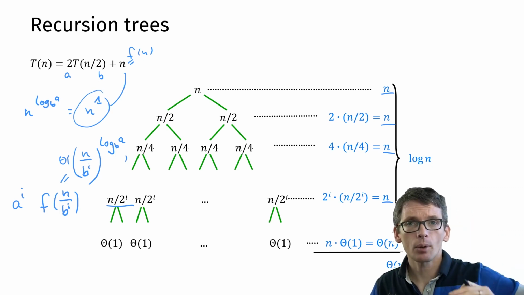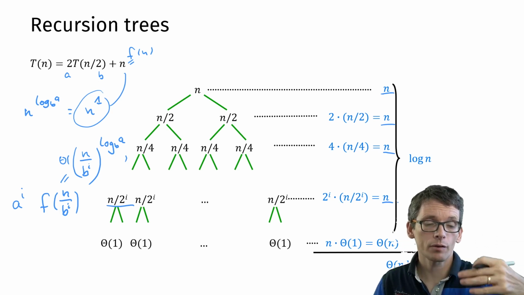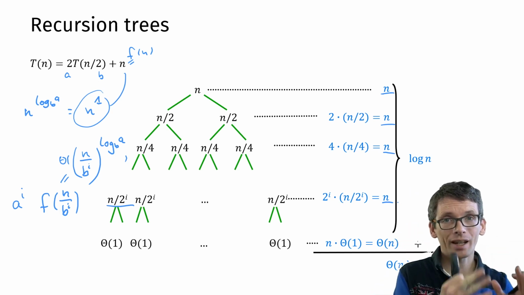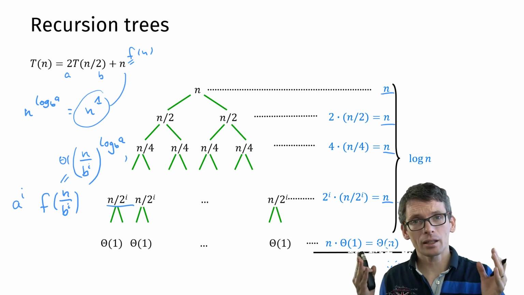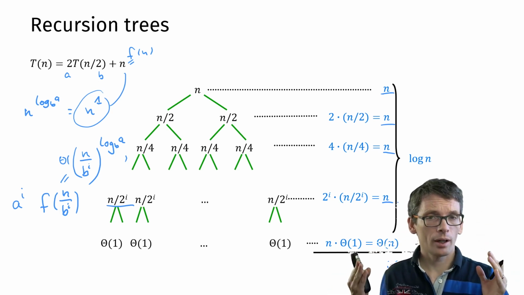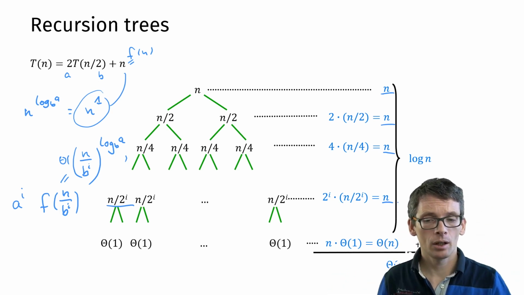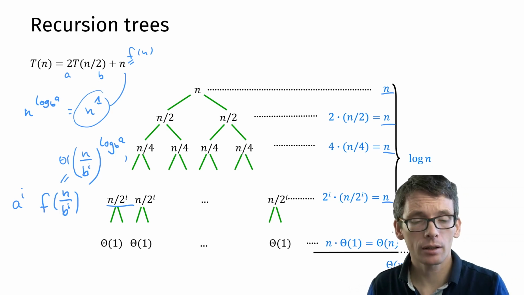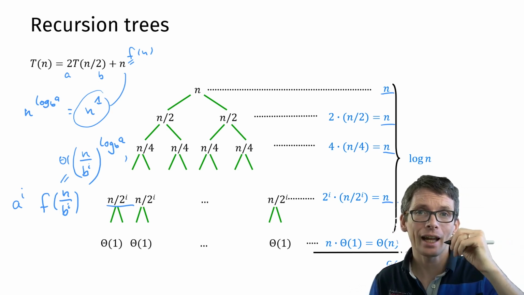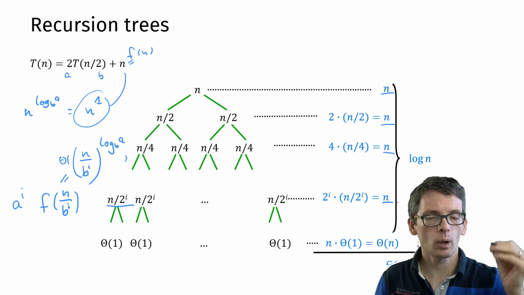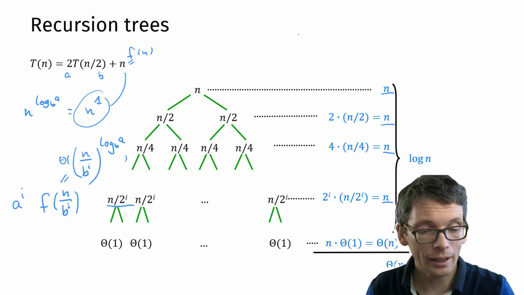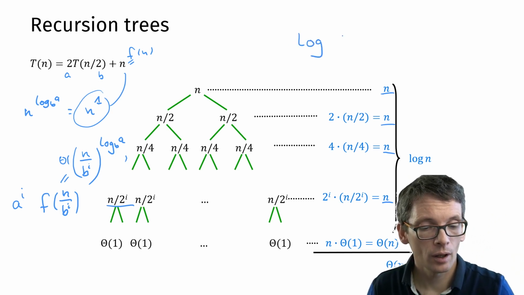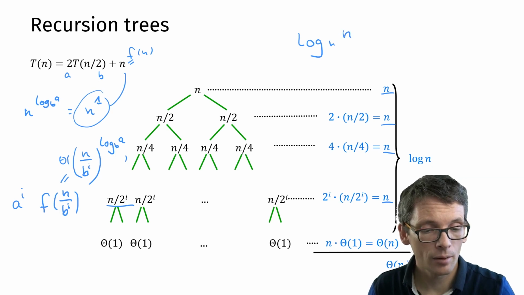And we add up all of those f of n terms, so that gives me f of n times the number of levels. So now we just need to see why the number of levels is always of order log n. The number of levels is how often can I divide n by b until I hit 1. And that is exactly log of n base b.